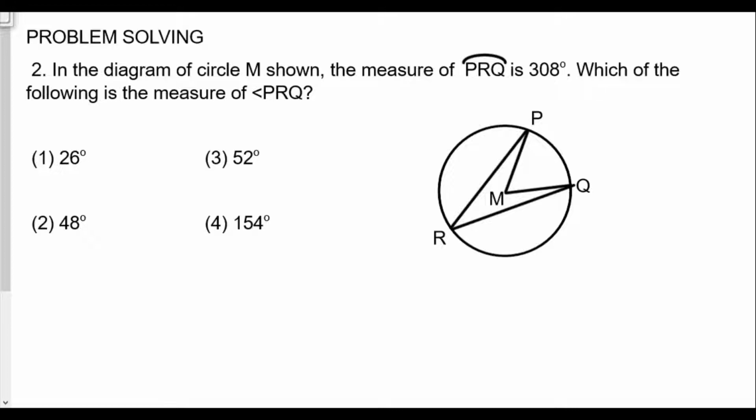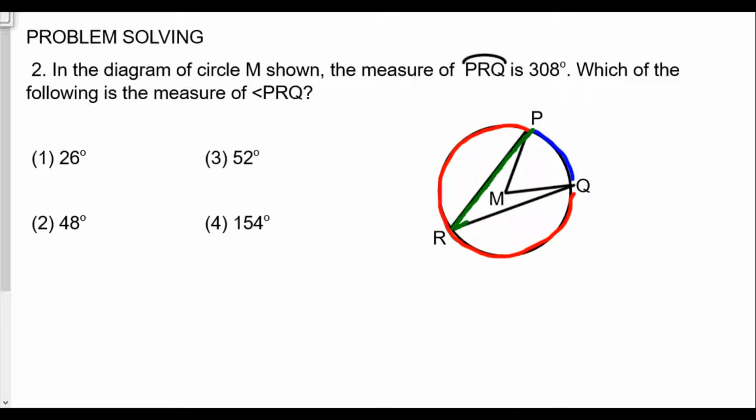Number 2, here we have in this case the measure of arc PRQ is 308 degrees. And so PRQ is a major arc, and so it covers this much of the circle. And so we're trying to figure out the measure of angle PRQ, an inscribed angle. And so the arc that's caught in the mouth of the angle is arc PQ, the minor arc. Now you're saying, well, the mouth of the angle?